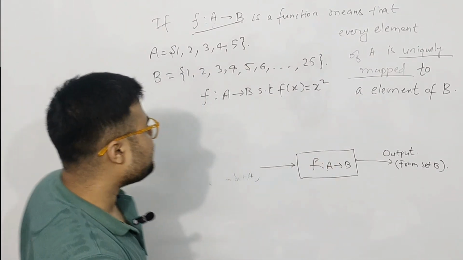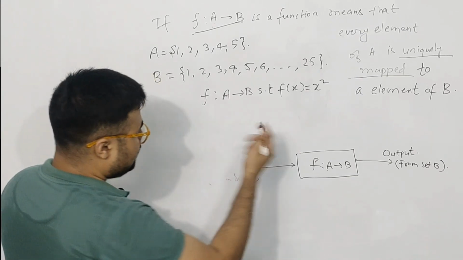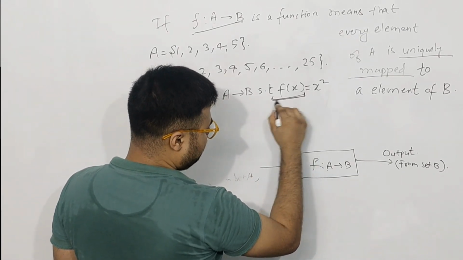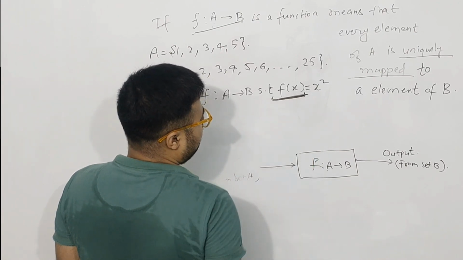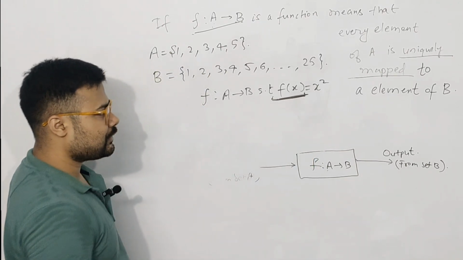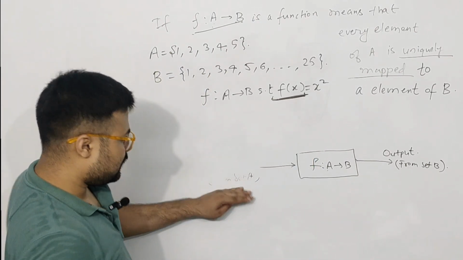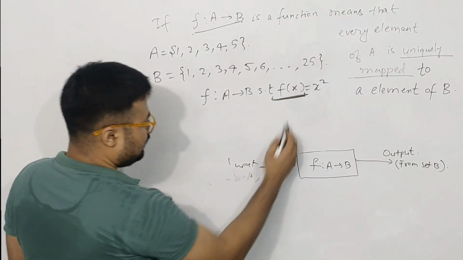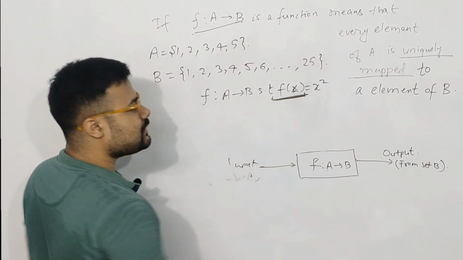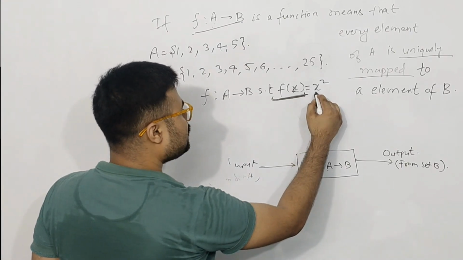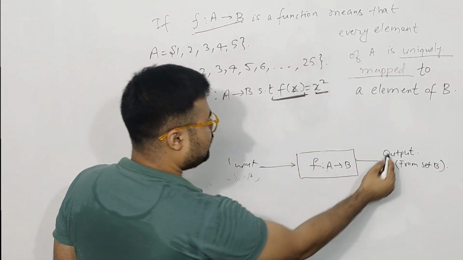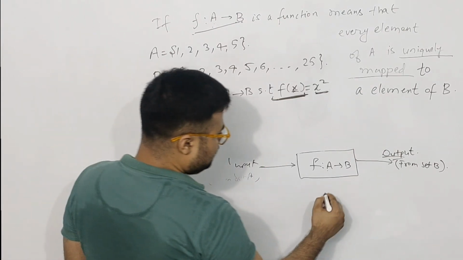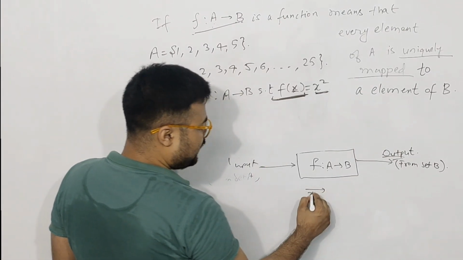So how is every element mapped? What is the explanation? Look at this symbol. This is how we explain this template. Here what comes is your input, and using this formula you get the output.